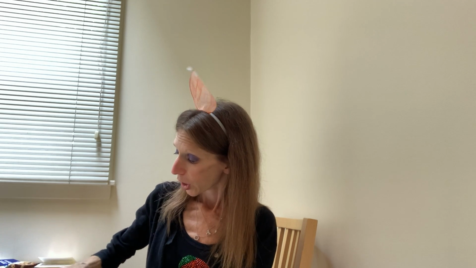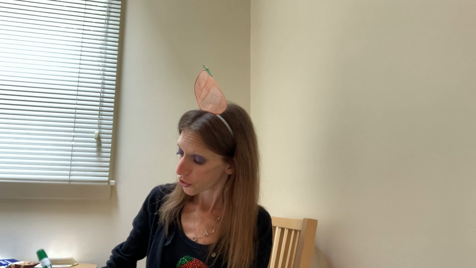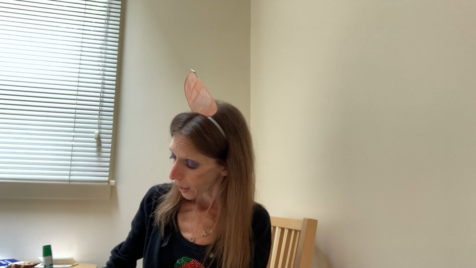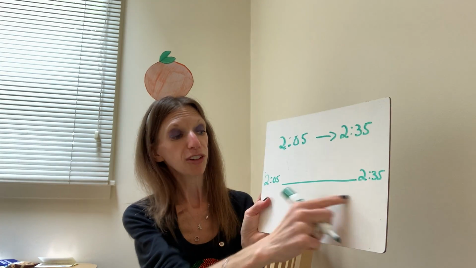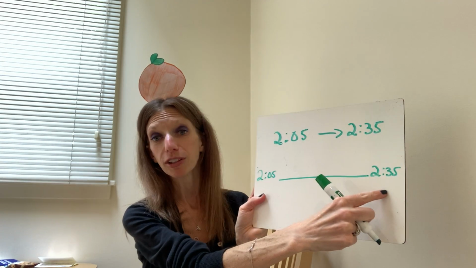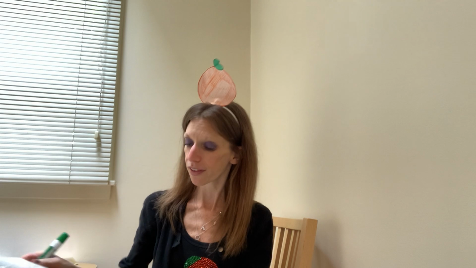You would start your number line at 2:05 and end it at 2:35. Then you would skip count by fives, always by fives today, until you get to 2:35 and then count your fives.